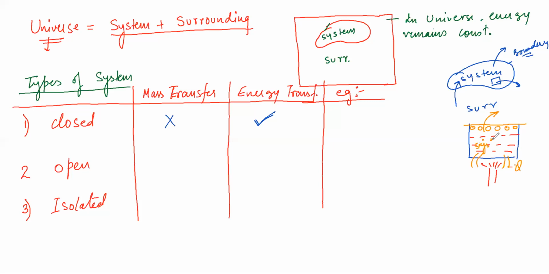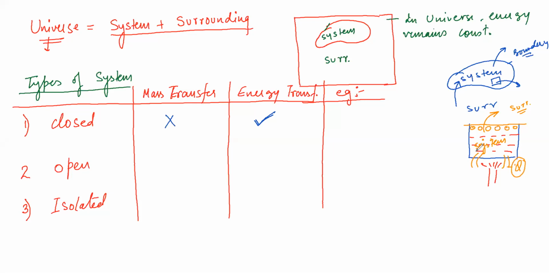For us, this is the system, and this one is the surrounding. तो अभी क्या हो रहा है कि this is not crossing anything. System से surrounding में mass नहीं transfer हो रहा है, but yes, surrounding से system में heat add हो रही है, right? So this is a case of closed system.